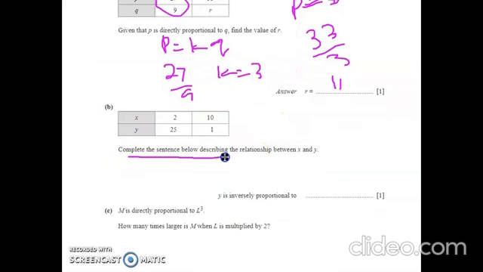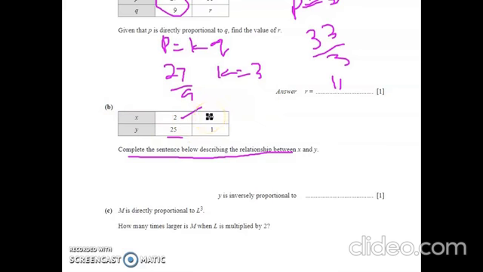Okay, complete the sentence below describing the relationship between X and Y. Y is inversely proportional to, now we need to find what is actually making up this relation. Is it X, X square, or whatever. Okay, so let's figure it out. So when X is 2, Y is 25. So basically this is an inverse relation, right?